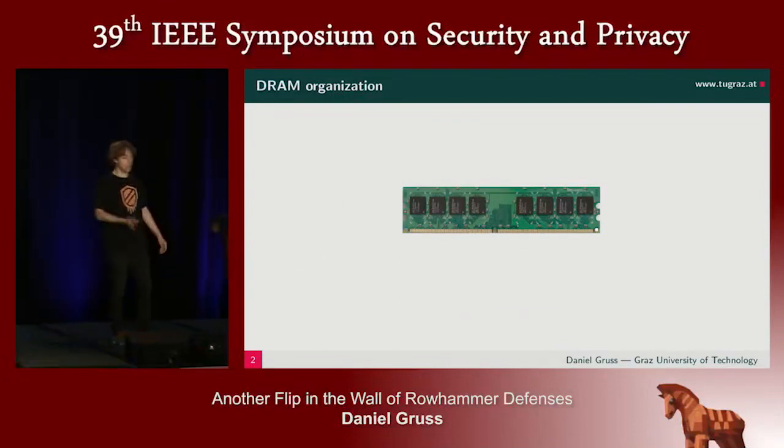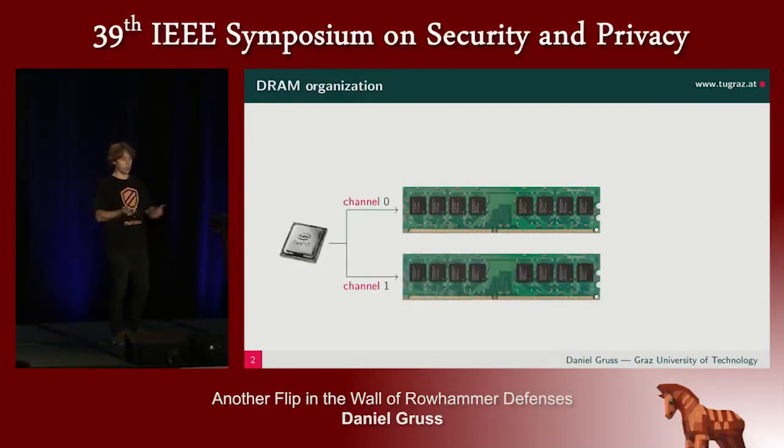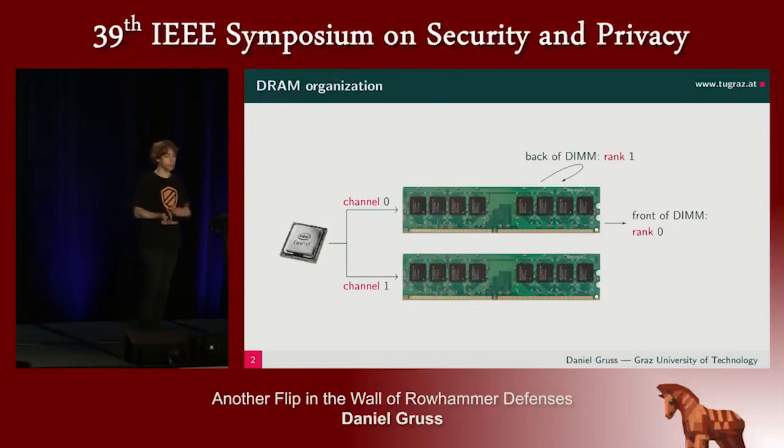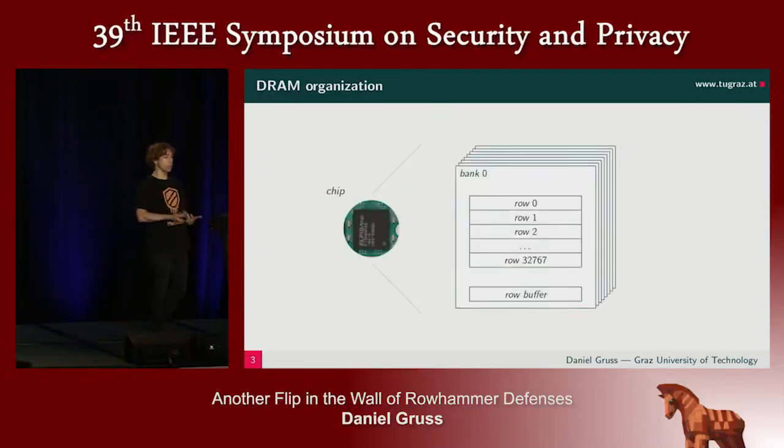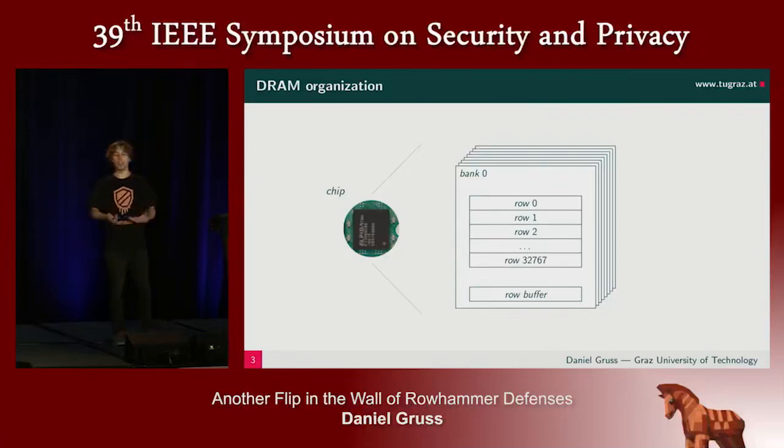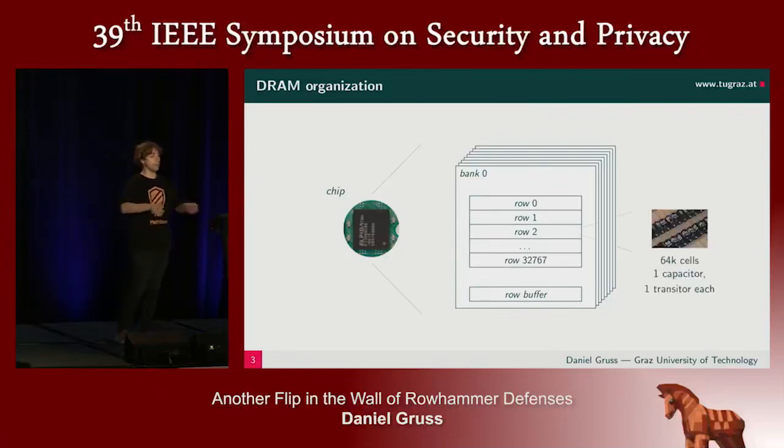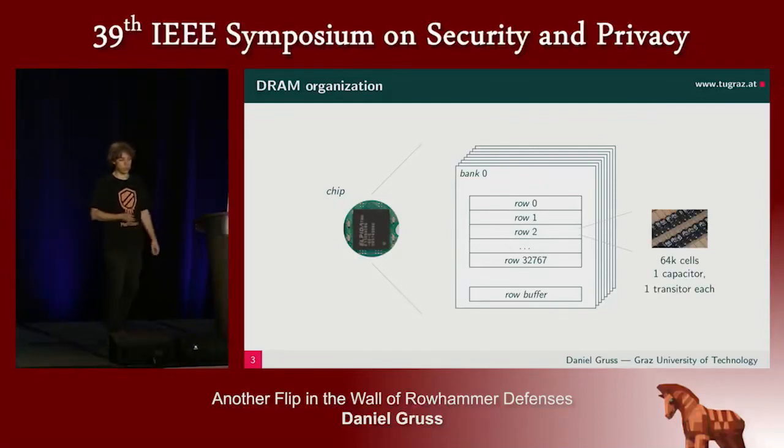It's about DRAM, and today if we look at DRAM, it's organized in channels, in banks and ranks. If you look at one of those banks in detail, you'll find that this has many rows, and these are the actual capacitors in the rows, like 64,000 capacitors. These store the actual bits in your memory.